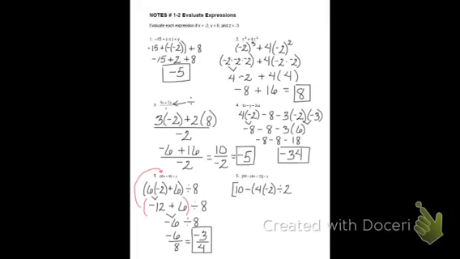So lots of parentheses and brackets, but if you write it out carefully, you won't miss what you're supposed to be performing step by step. 10 minus, I'm going to keep this in the parentheses because this operation of division is going to be done before subtraction. So notice carefully how we're writing out this problem.